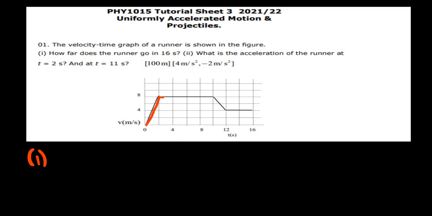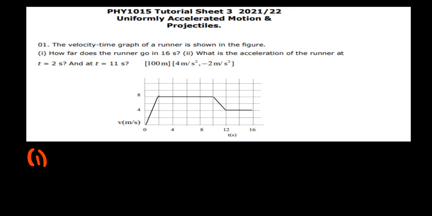Then he moves at constant velocity, then again he decelerates, then again he continues to move at constant velocity for some time. So we have to calculate the entire distance for that.